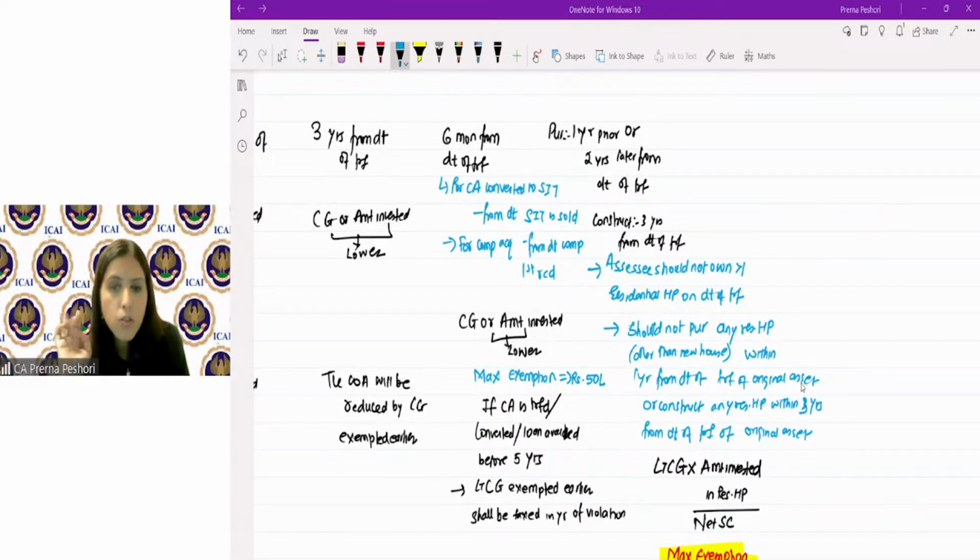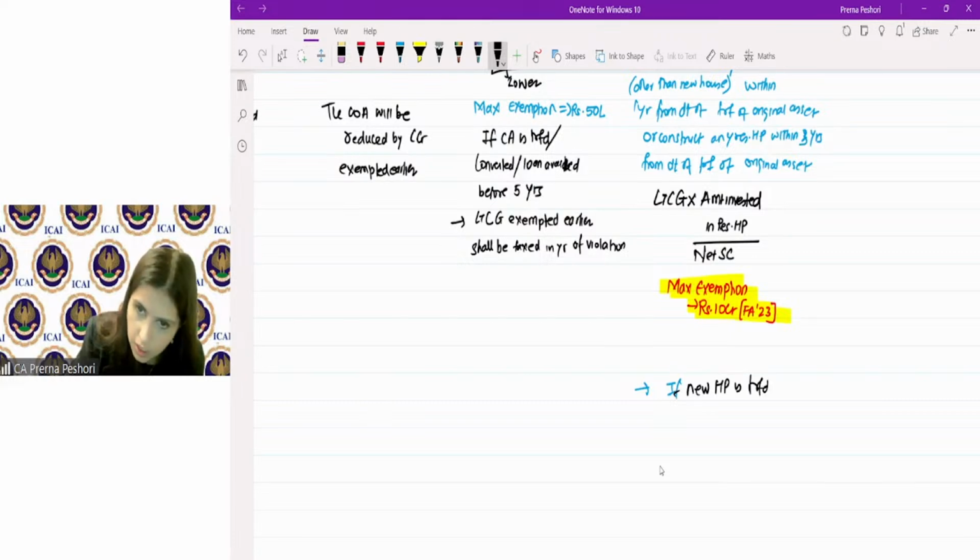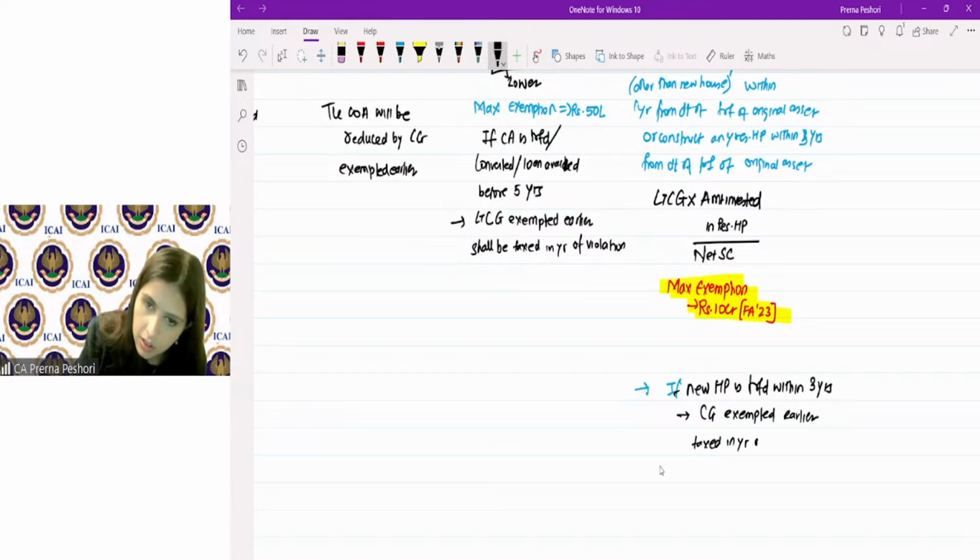Okay. So basically, what will happen if the conditions are violated? If the new house property is transferred within 3 years, then the capital gain exempted earlier is taxed in the year of violation.